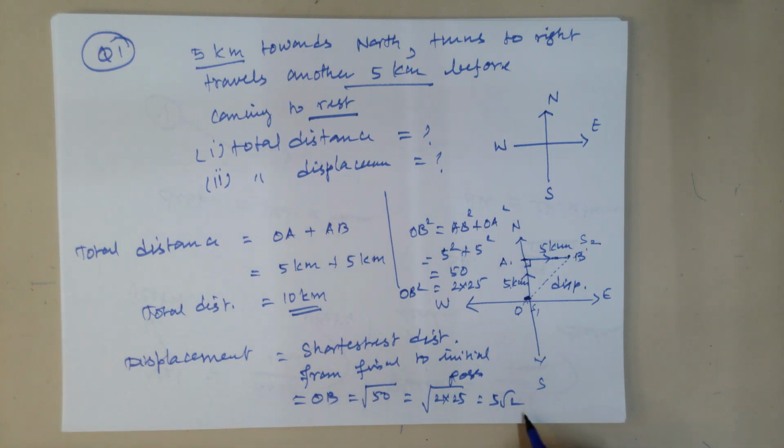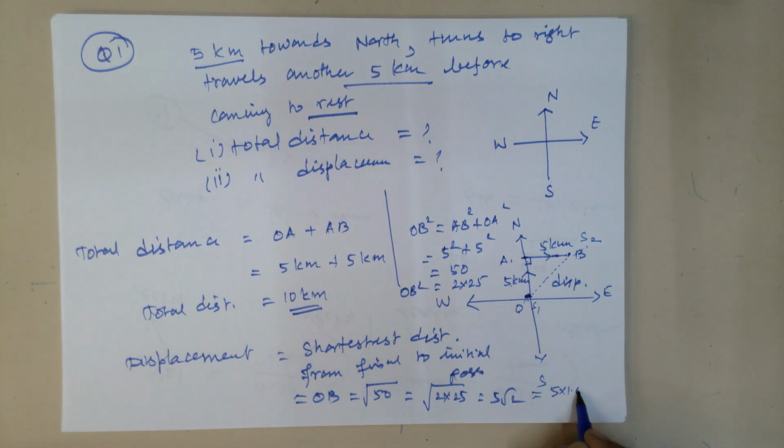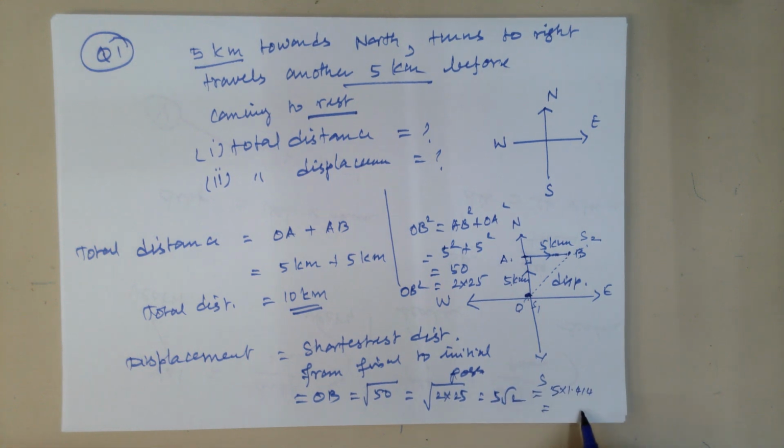So for root 2, the value is 1.414. You can multiply by 5, and based on that you can do it. So 5 into root 2: 5 fours are 20, balance to 5, 7.